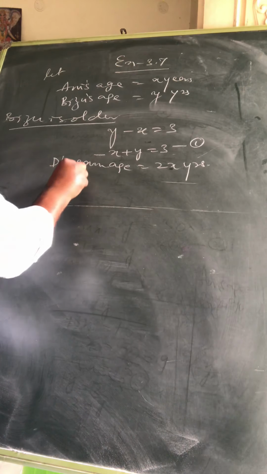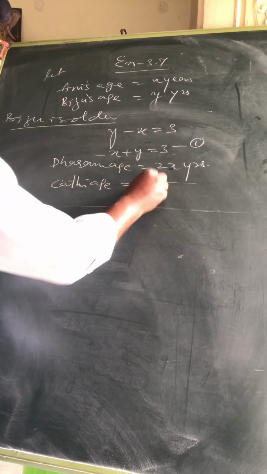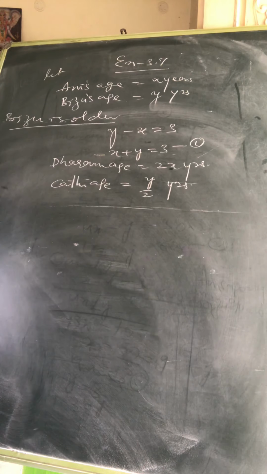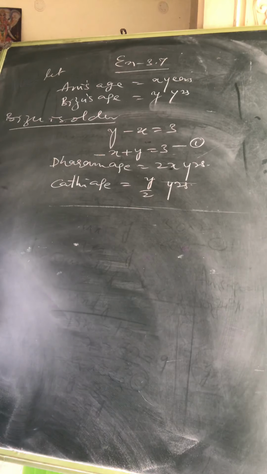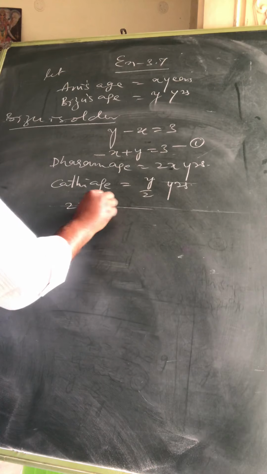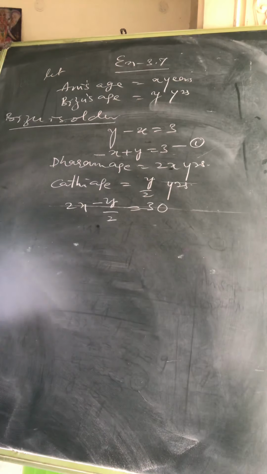Therefore, Kathy's age is equal to y by 2 years. Now, difference of Dharam and Kathy's age. How much? 2x minus y by 2 is equal to 30.